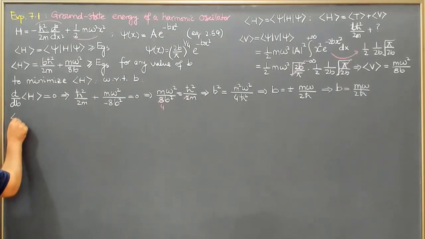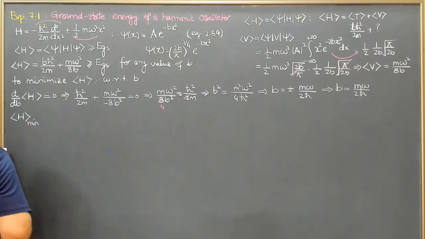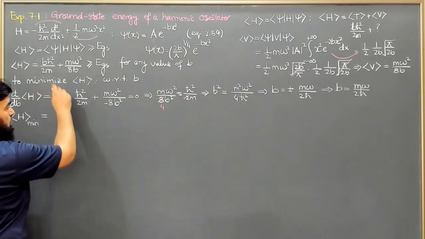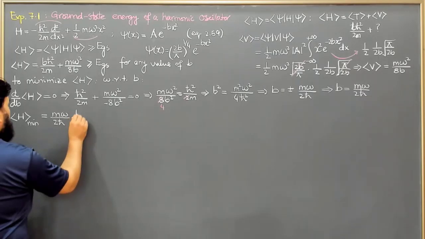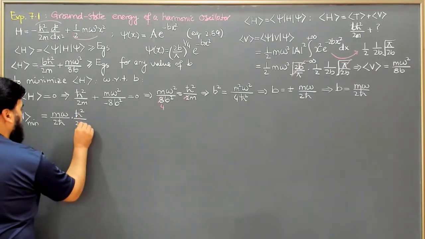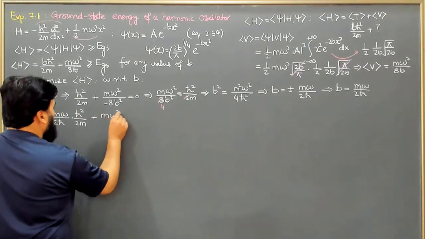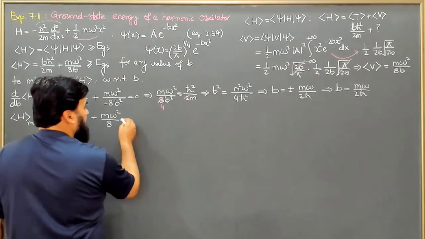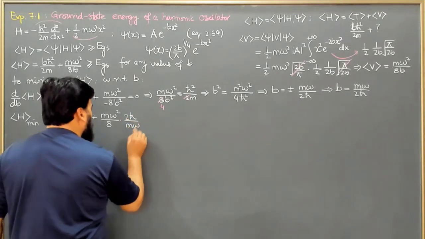So I have found the value of b, and now I will plug this value into H, so this H will now be a minimized one, H minimum. So this is equal to, putting in the value of b, m ω over 2ħ, times ħ² over 2m, plus m ω² over 8, and 1 over b will become 2ħ over m ω.